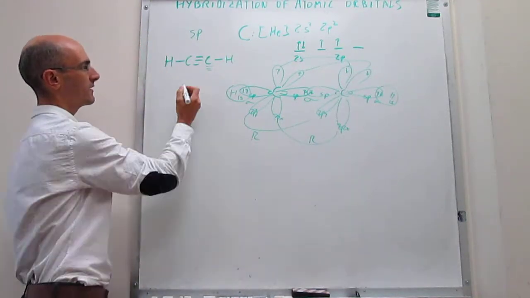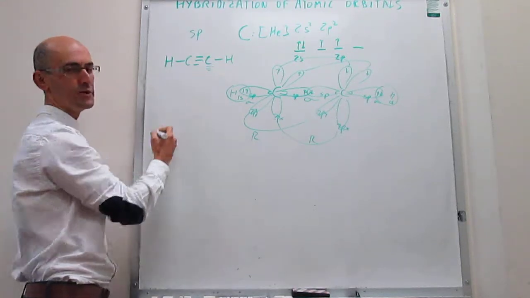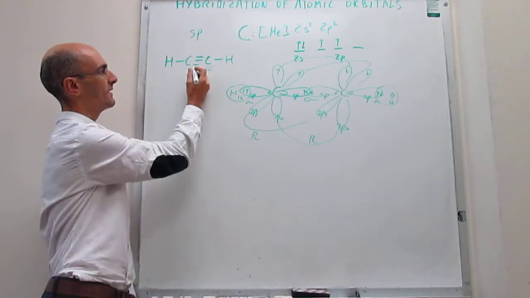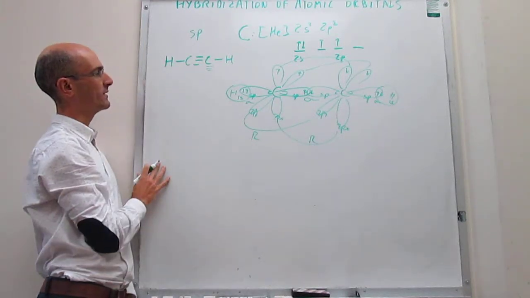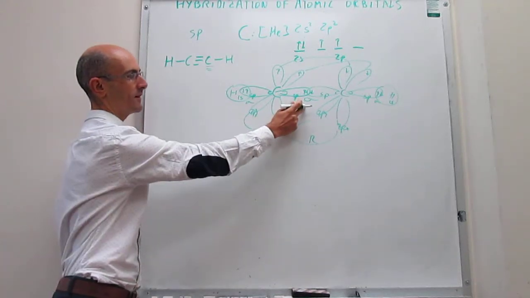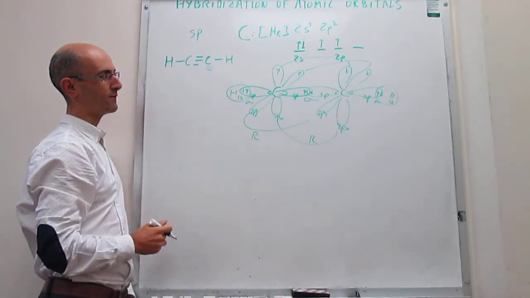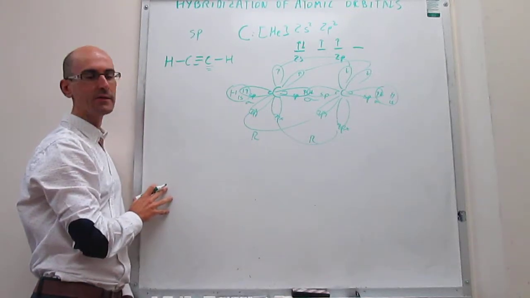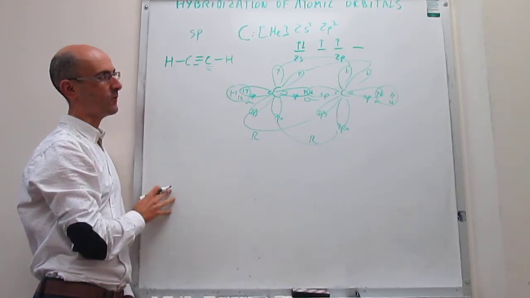Very clearly we can see that we can go beyond the Lewis dot structure and VSEPR theory by saying that this triple bond between the carbon atoms is caused by a sigma overlap between hybrid sp wave functions in those carbon atoms, and then pi overlaps between unhybridized 2px and 2py orbitals in those carbon atoms.